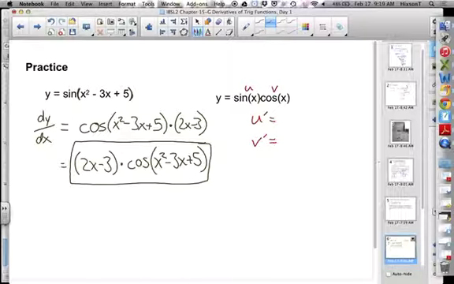So here we have sine of x for u, so u prime is cosine of x. And here we have cosine of x for v, so the derivative is negative sine of x.